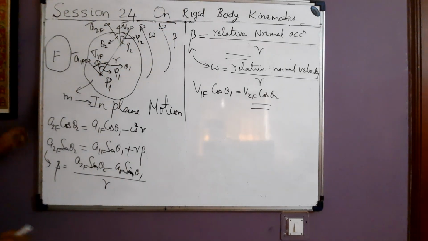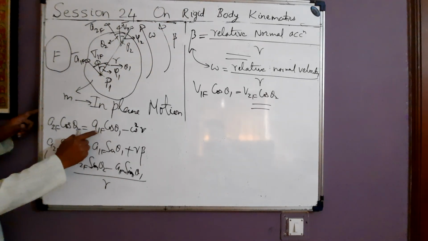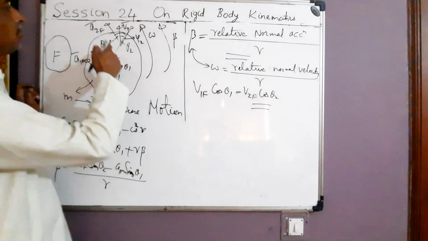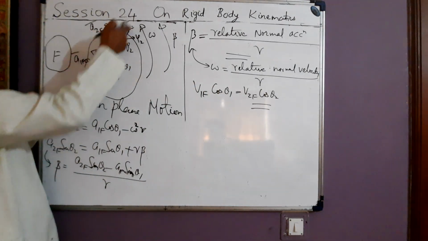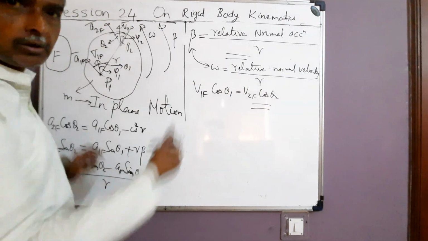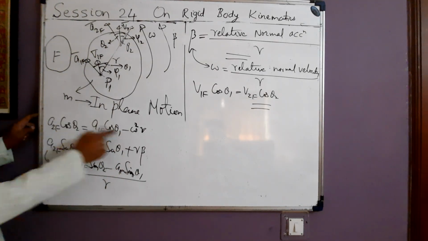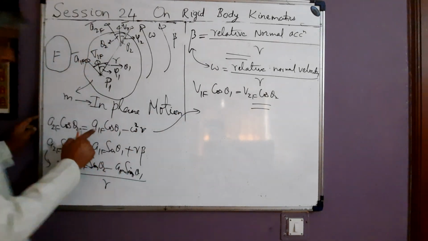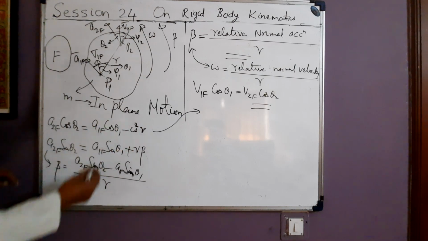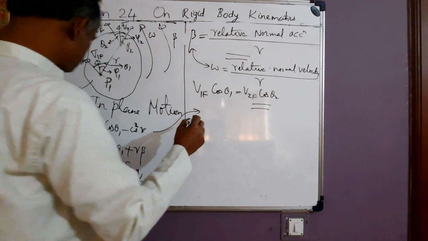But if we see this term, the components of V2f and V1f along E1 hat, along line P1P2, should be equal. But for acceleration, you can see they are not the same. This and this are not the same because of this term.